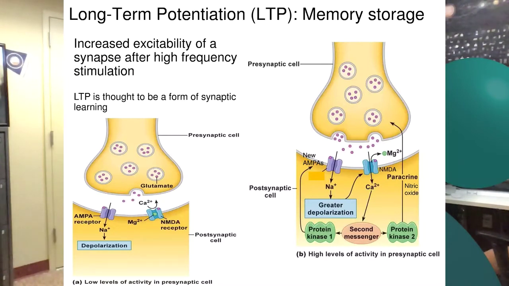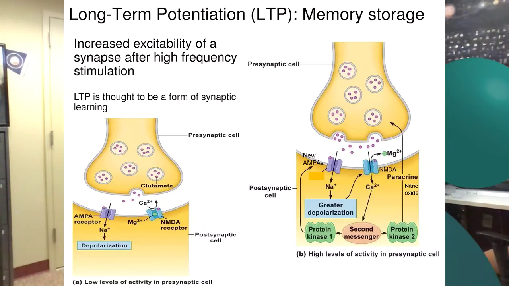So calcium flows through based on its concentration gradient, and it stimulates a second messenger pathway. That second messenger is going to stimulate two protein kinases, and that's going to cause two different pathways to occur.